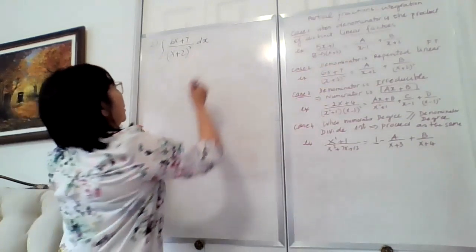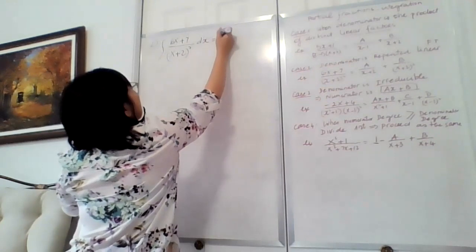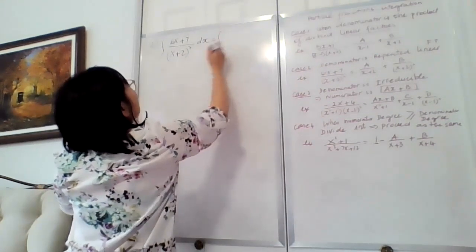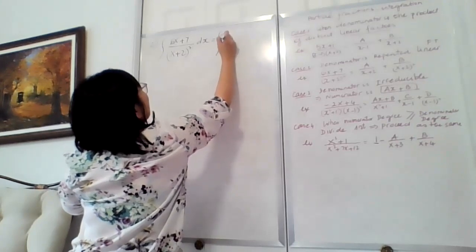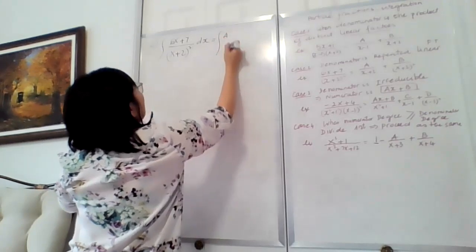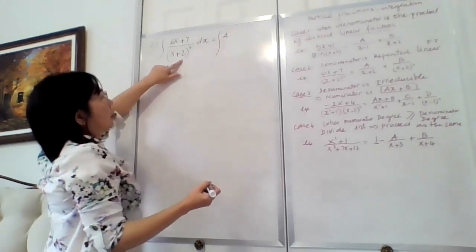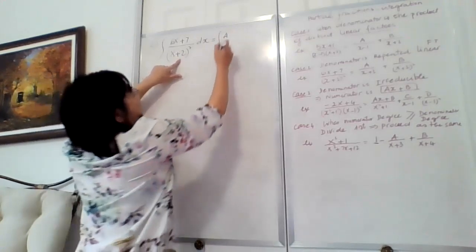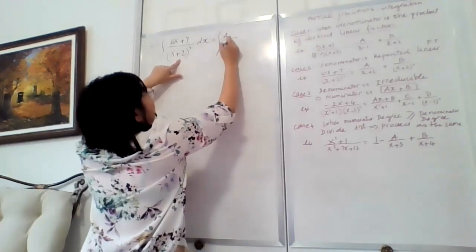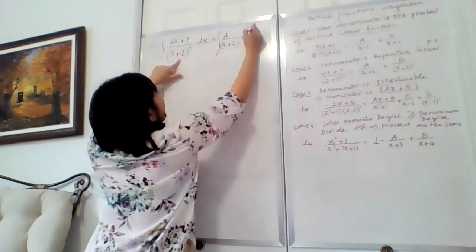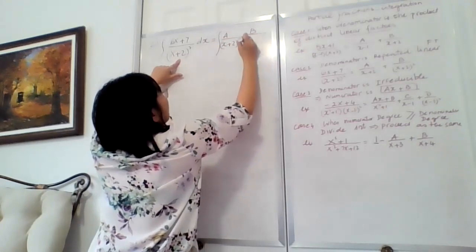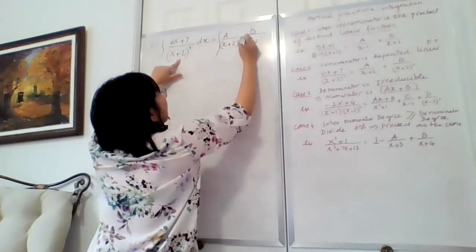So again, I'm going to break this into 2 functions. On the top, I will have A. If I break this down, the first bracket will be x plus 2, then adding the second bracket, also x plus 2.